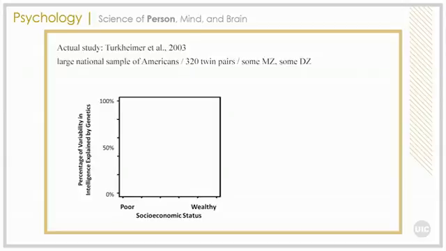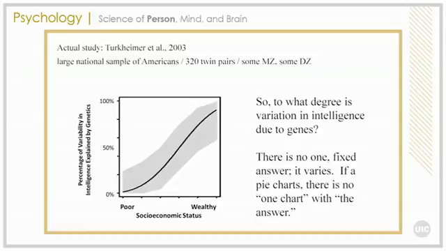So what they do in this study is, instead of computing a number that answers the question, how much did genetics influence intelligence, they compute a bunch of numbers for each of a variety of gradations in economic well-being, or socioeconomic status, and they get this. There is no singular answer to the question, to what degree is variability in intelligence due to genetics.